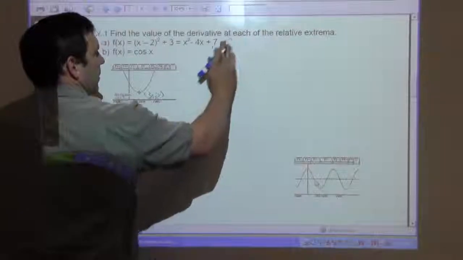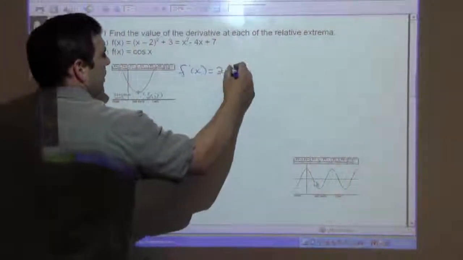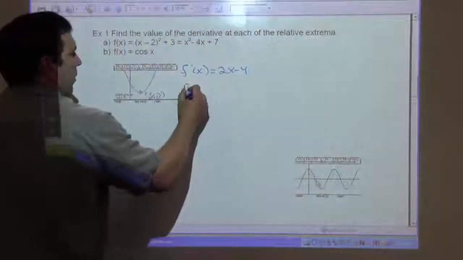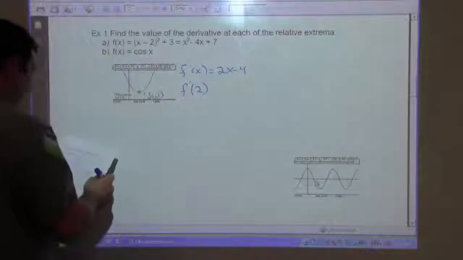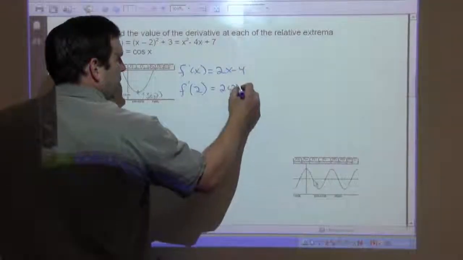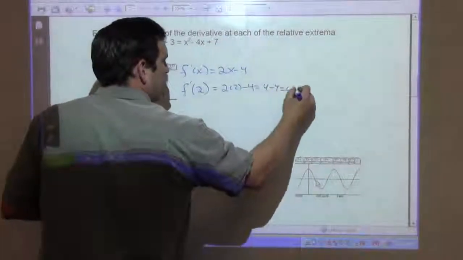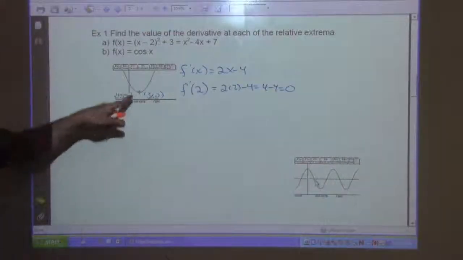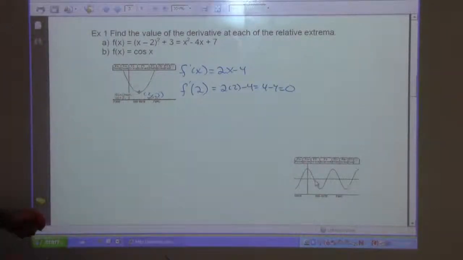So f prime of x is going to be 2x minus 4. But what's f prime of 2? That's going to be 2 times 2 minus 4, which is 4 minus 4, which is 0. So the derivative at the relative extrema here is 0.